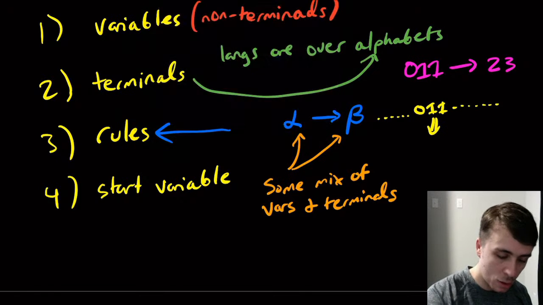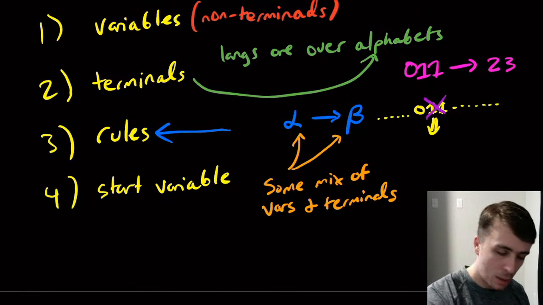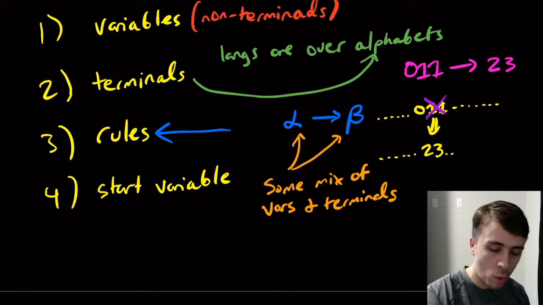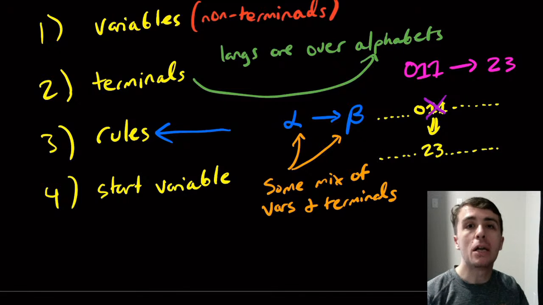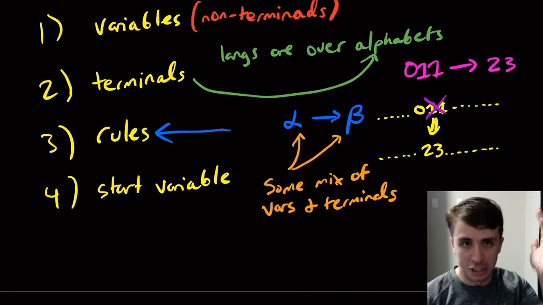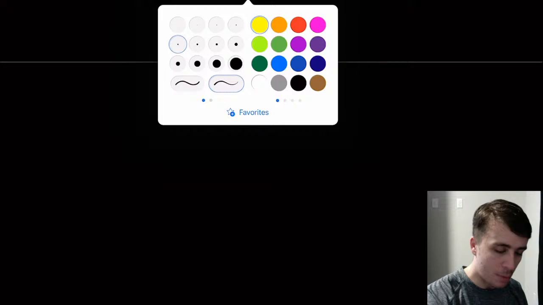And so what it looks like, I'm going to cross it out. The 0, 1, 1 is crossed out. And what happens is the rest of it is unchanged, and the 0, 1, 1 is replaced with the right-hand side of this rule if I choose to apply this rule. There could be other rules I could apply, so it's not necessarily that there's only one that we can do. Okay, so that's essentially what a grammar is.